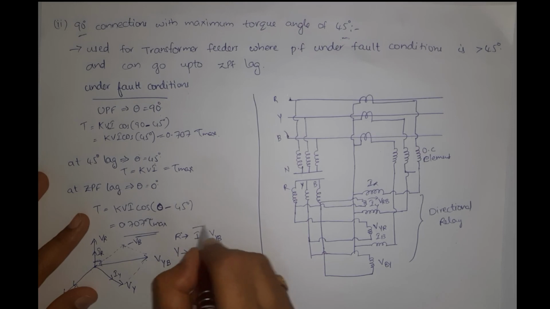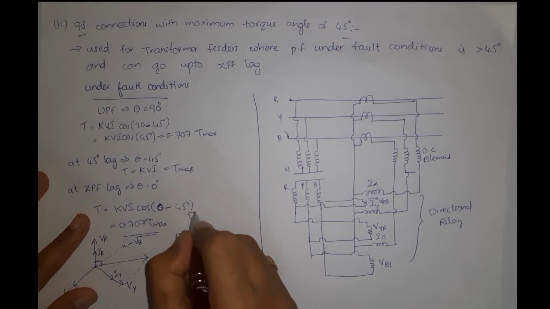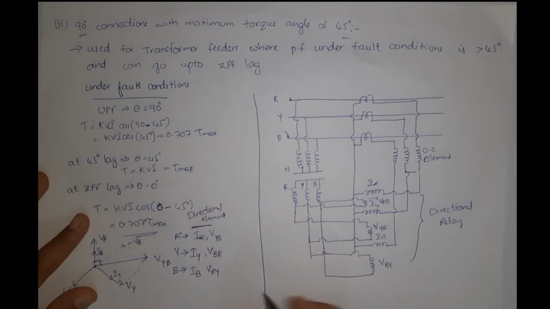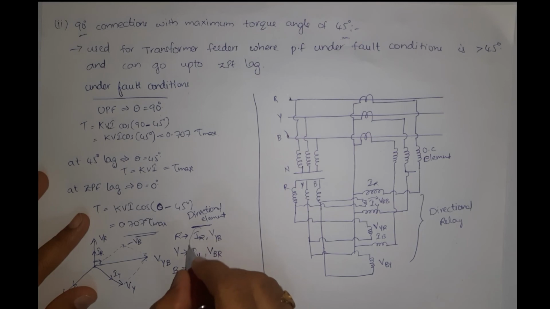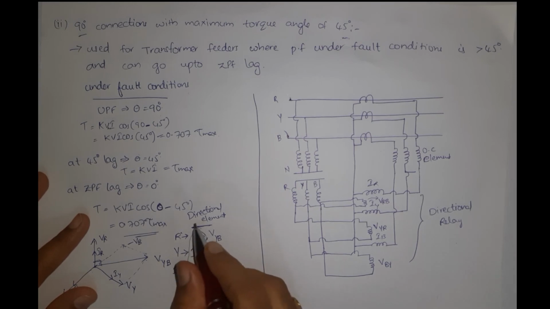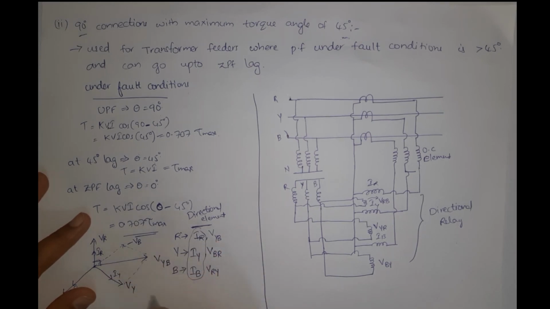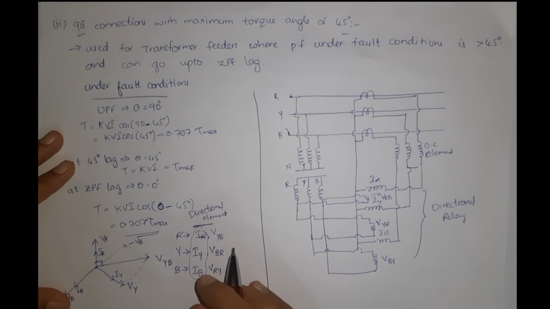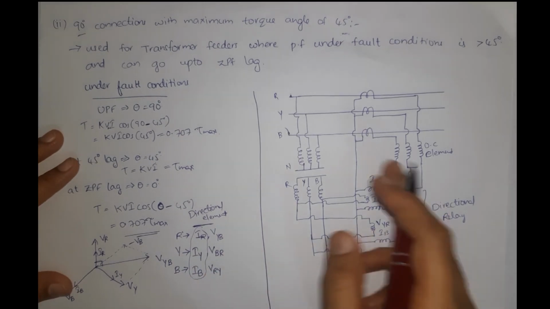So these are the directional elements. At the same time, overcurrent elements are these. This detects the overcurrents. So this is about the 90 degrees connection. Now let us see about its connection diagram.